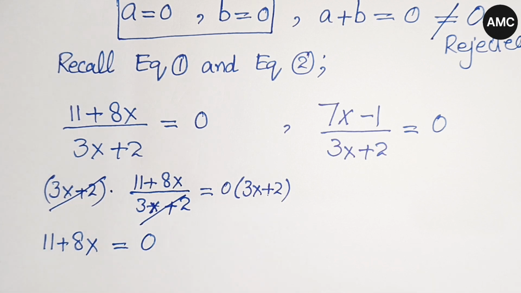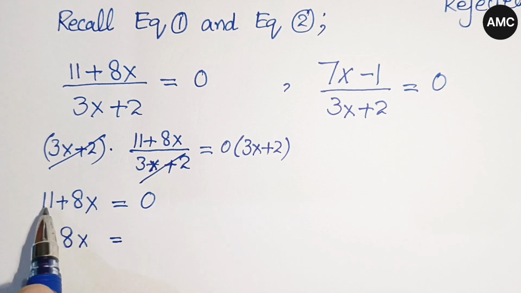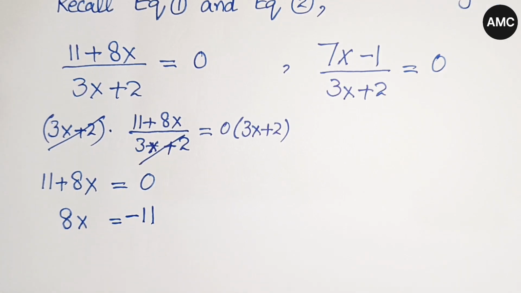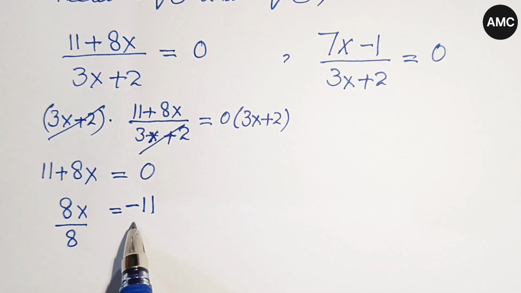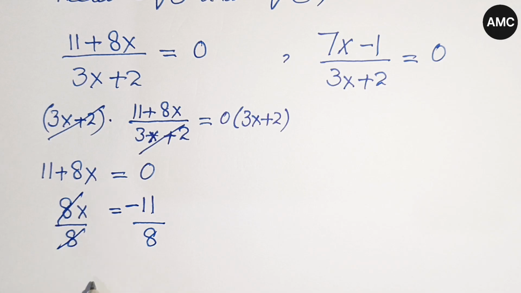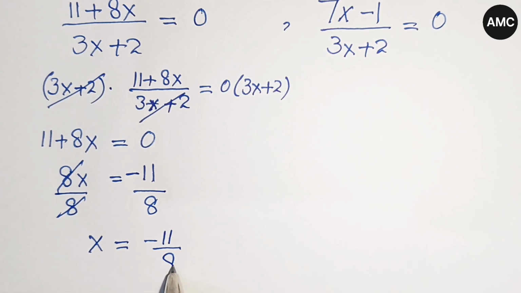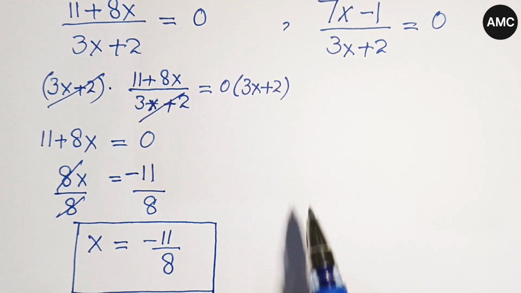This 0 times this one is equal to 0. Now we have to find the value of x here. So simply 8x is equal to, moving this one, we get minus 11, dividing by 8 on both sides. So here 8 is cancelled out. The value of x, which is the first solution of x, is minus 11 over 8.